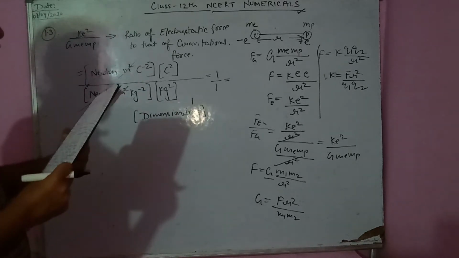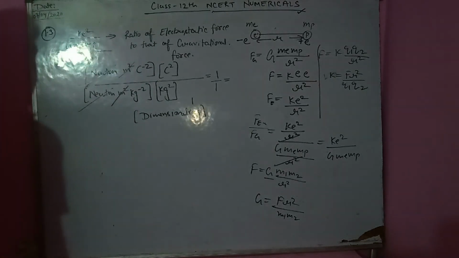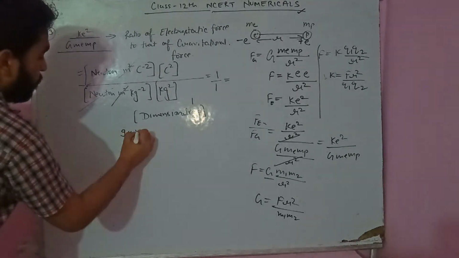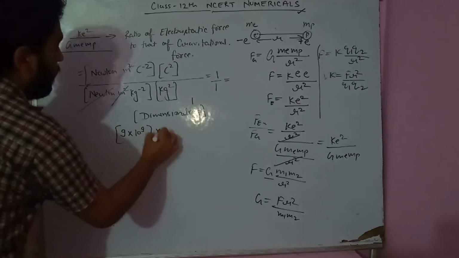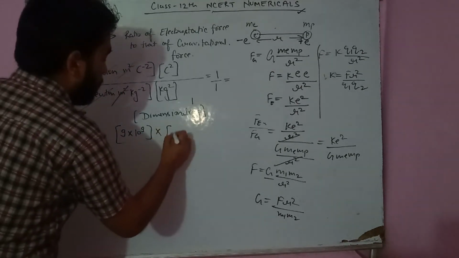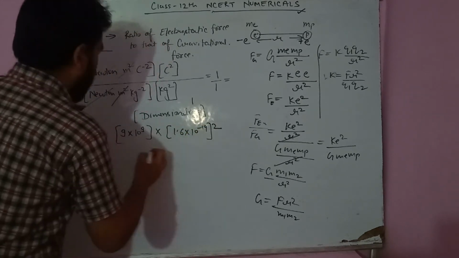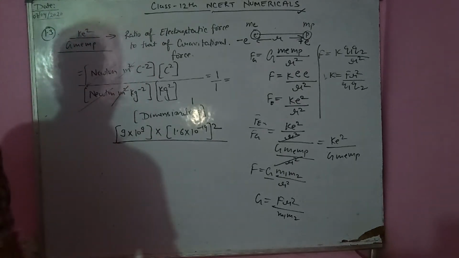Now students, what else do we have to do in this question? We can calculate the value of this ratio k e square upon G Me Mp. The value of the constant k is 9 into 10 power 9, into e square, where e is the charge on the electron, 1.6 into 10 power minus 19, squared, divided by G Me Mp.